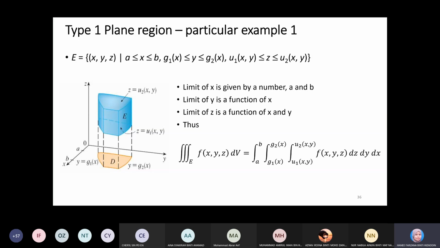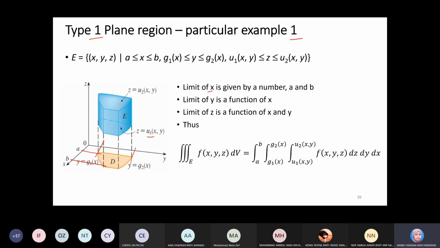Here you have this solid E, and you look at the intervals: for the x-axis it is a and b, whereas for the y-axis it is defined from y equals g1 of x to y equals g2 of x as the lower and upper limit. And for the z limit, it is from u1 as a function of x and y to u2 as a function of x and y. So this is type 1 particular example 1.